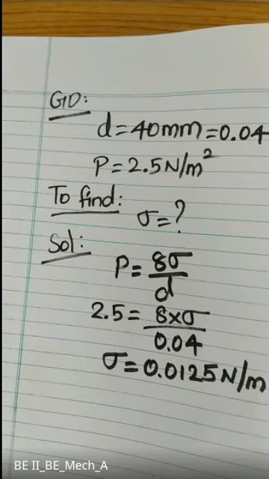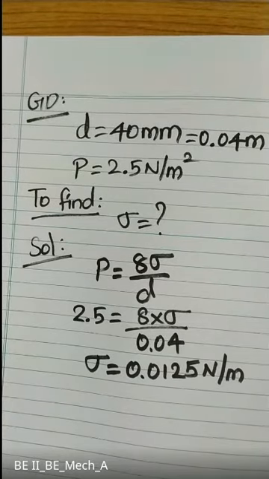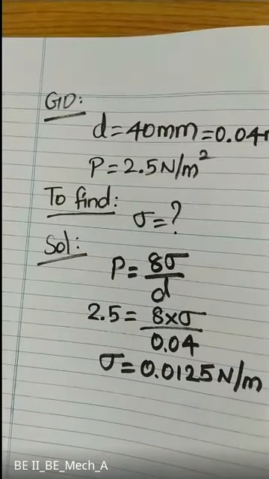Calculate the pressure within the droplet if surface tension is given as 0.0725 Newton per meter of water. Okay, so this is our third problem.